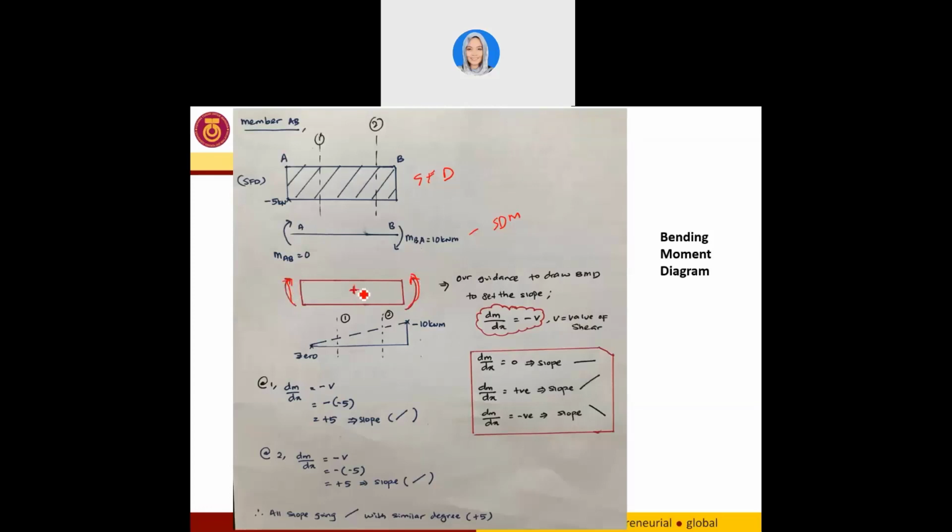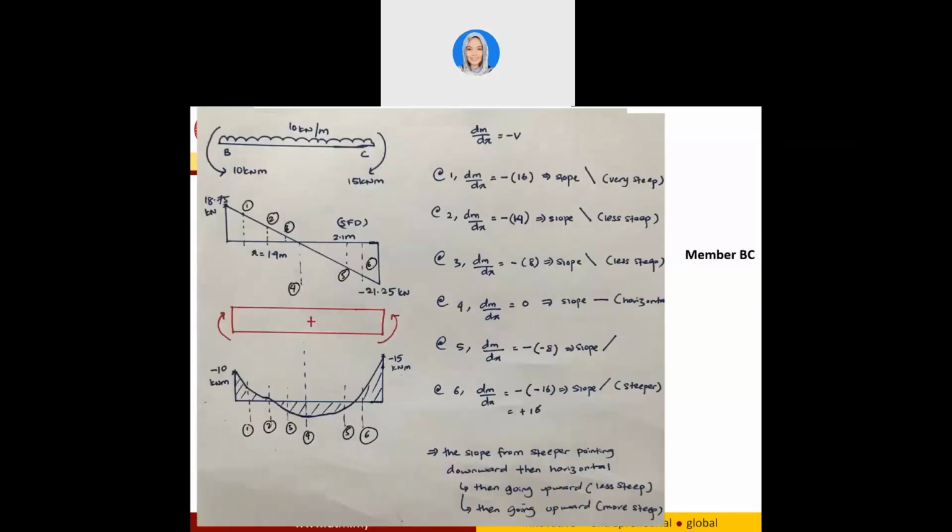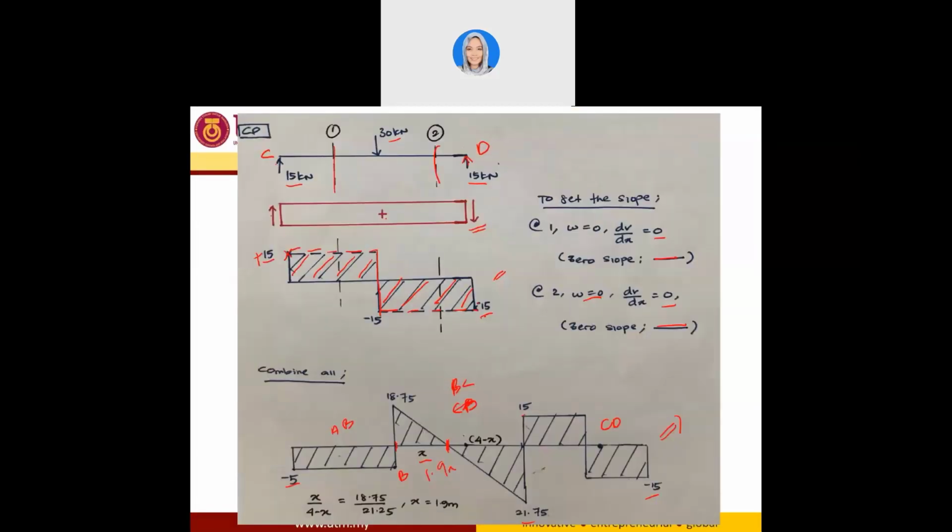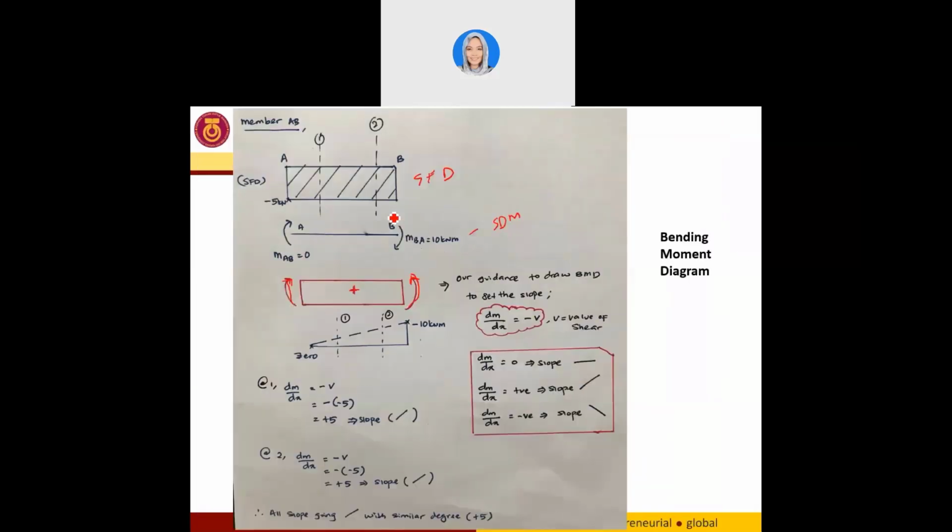Okay, before this we have the guidance of shear force diagram to be arrow up and arrow down to be positive. So for the bending moment diagram, if it is pointing like this, the arrow is going to be positive. In other words, if you have a smiley face, so this is like a smile, going up, and it's going to be positive, right? So this is our guidance to draw our bending moment diagram.